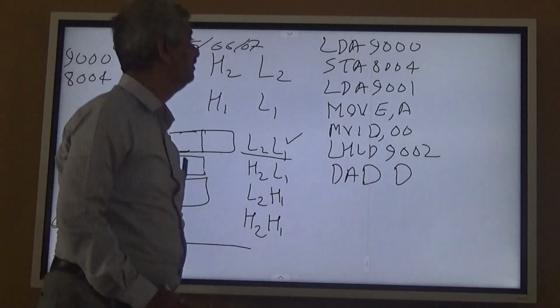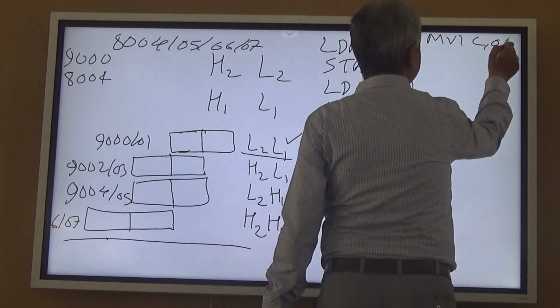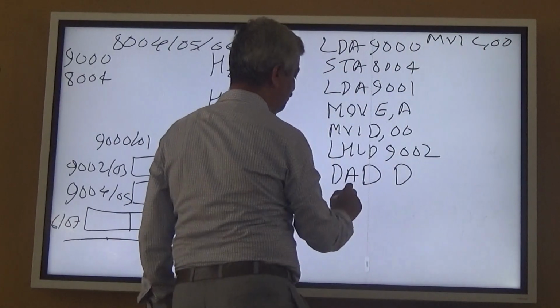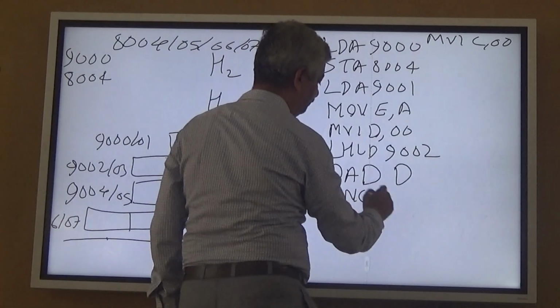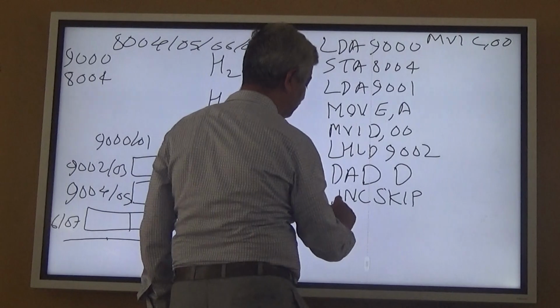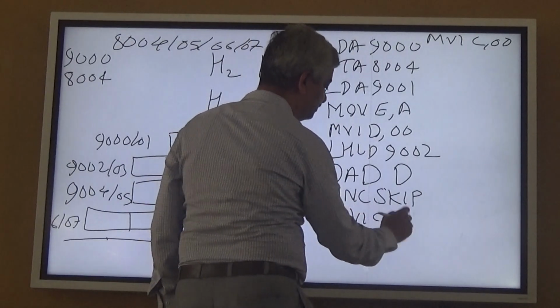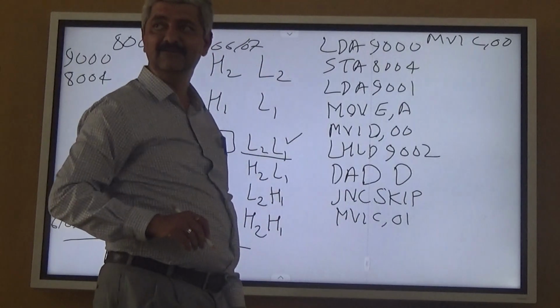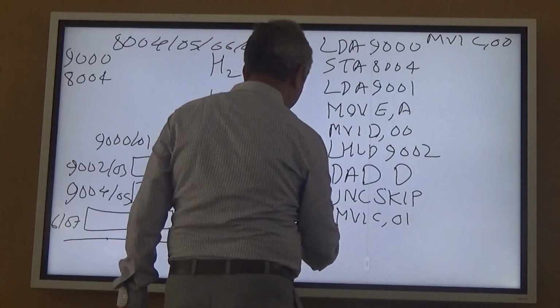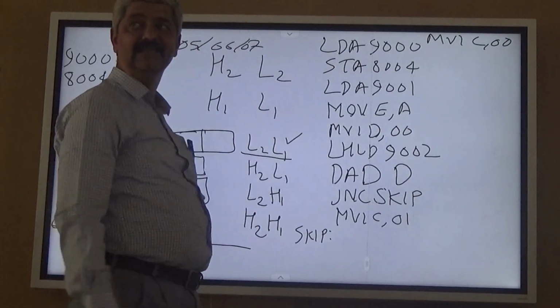So what will you do? Now here we will make MVI C,00. Here we say jump on no carry, skip. Here we make MVI C,01. Here is skip. At skip, what do you do?